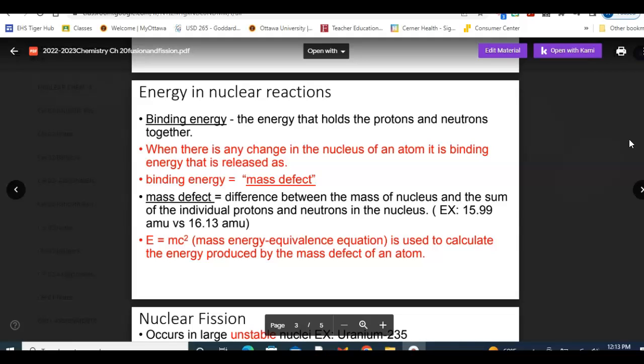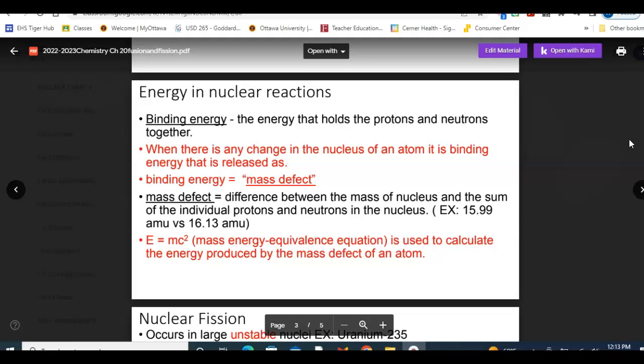Let's say, for instance, you find the mass of the nucleus of an oxygen atom. If you find the mass of the nucleus of an oxygen atom, you are going to get 15.99 AMUs.